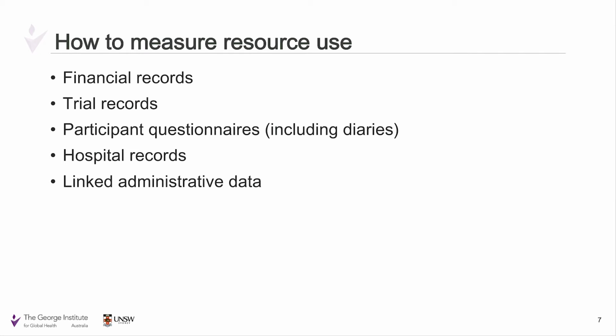And perhaps the gold standard for measuring healthcare resource use is using linked administrative data. In New South Wales, we have the benefit of a resource called the Centre for Health Economic Record Linkage, which is often referred to as Cheryl, which enables us to link across multiple data sets and enables us to then follow up patients, not only within the hospital system, but across the entire health sector.